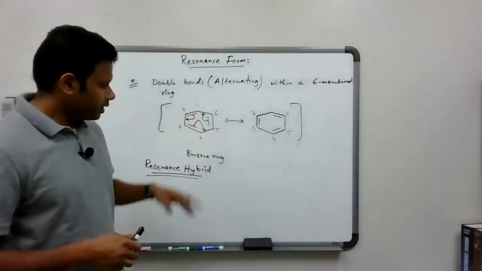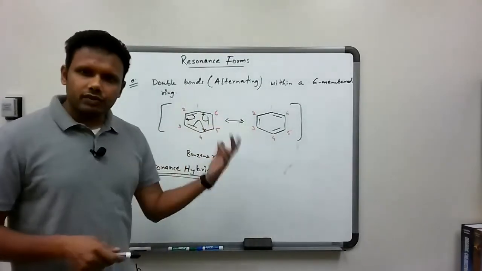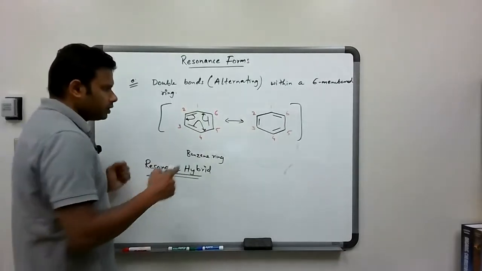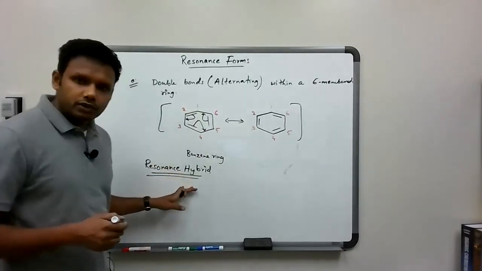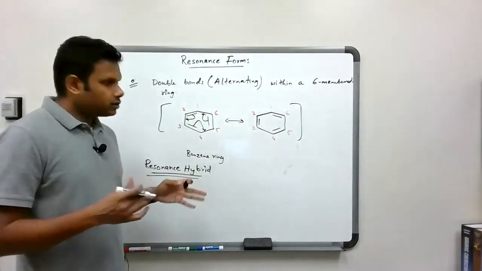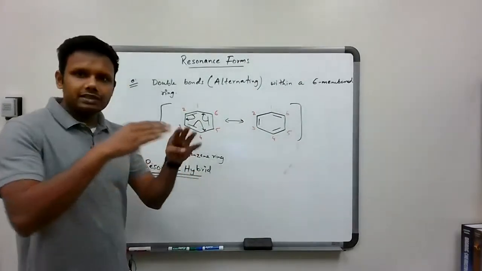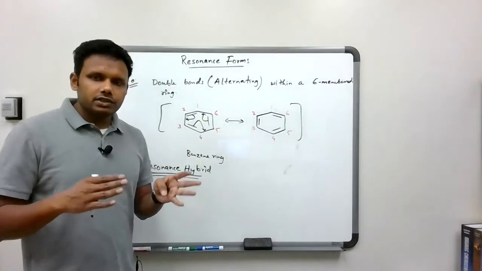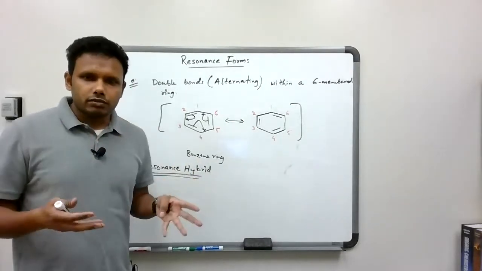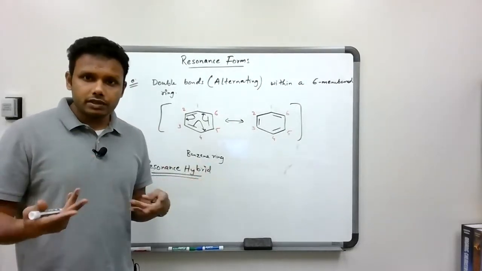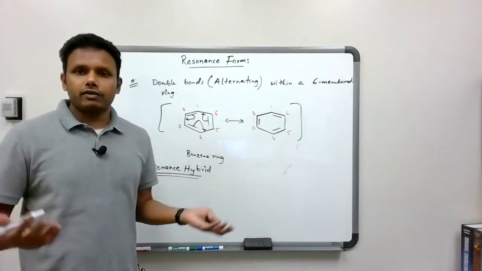In this particular case, we only have 2 resonance forms, so it's easy. When drawing a resonance hybrid, the first thing to do is draw the skeleton, which is all the single bonds, because sigma bonds, or single bonds, are not affected by resonance.